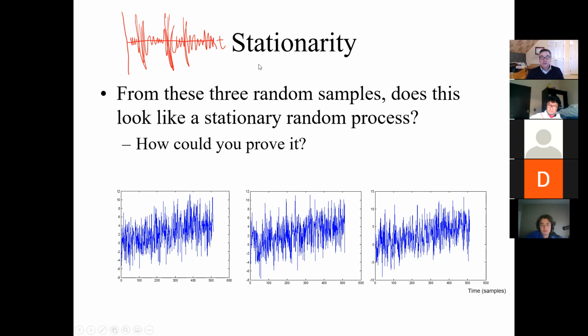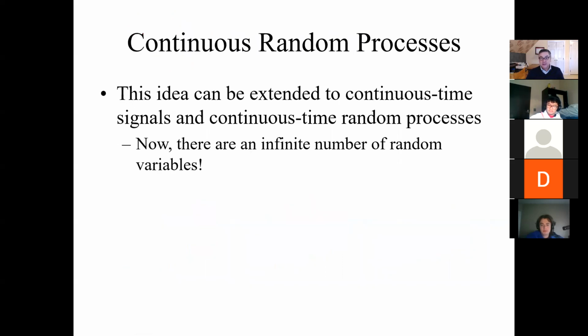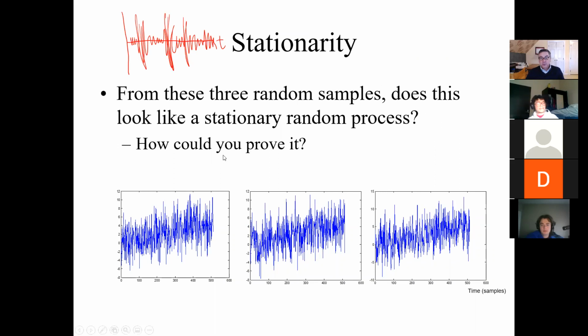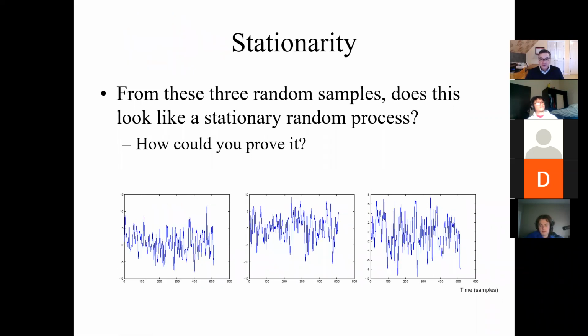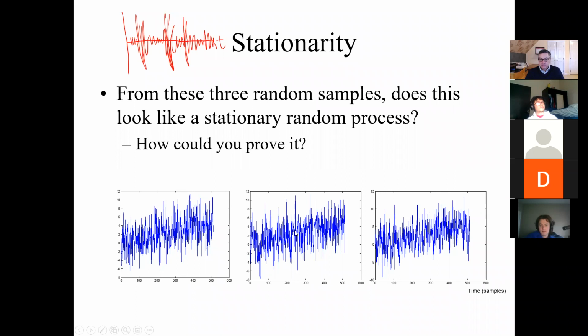All right. So that's the idea of stationarity. Now, to prove stationarity in any of these, what we would want to do is generate a whole bunch of random signals from the random process, and do that ensemble averaging, and see if the mean and variance converge to constant values, as they would in this case, or not, as they would in this case.